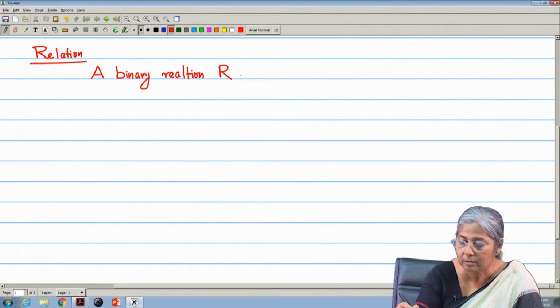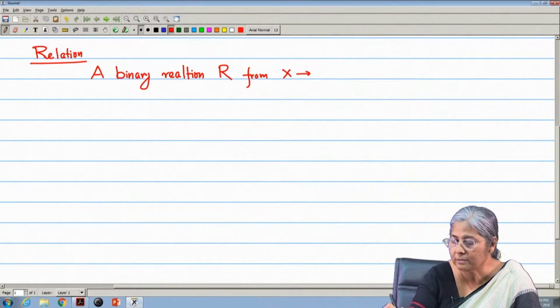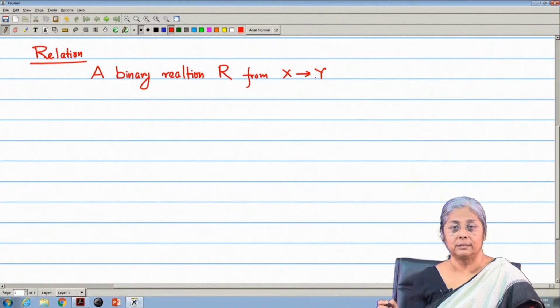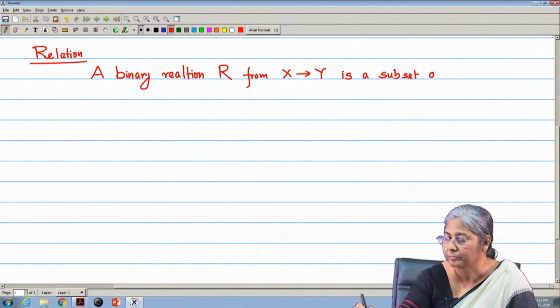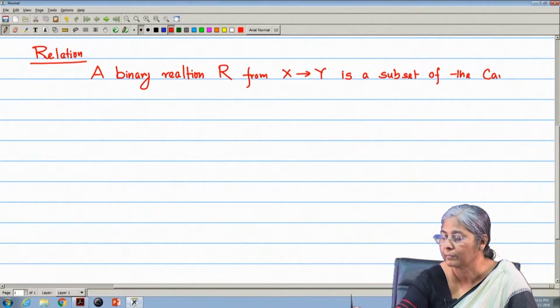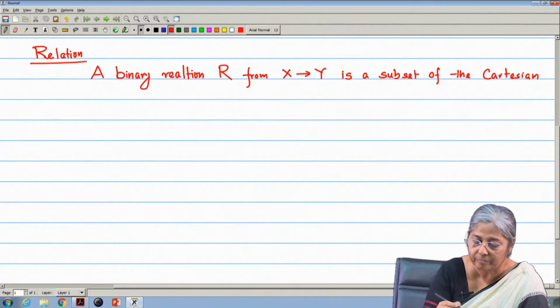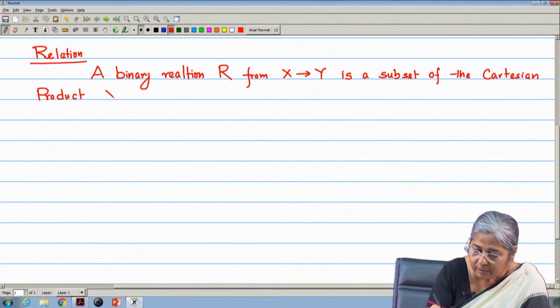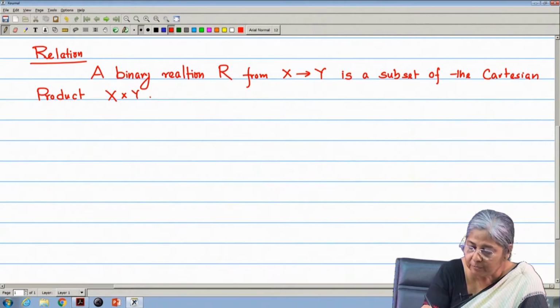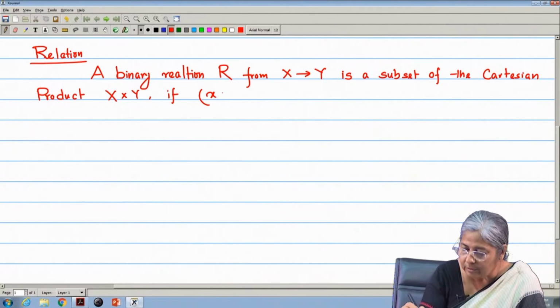Normally we denote it by R from a set X to Y. That means, how the elements of set X are related to the elements of Y, and we define this relation as a subset of the Cartesian product X cross Y, if the ordered pair X Y belongs to R.